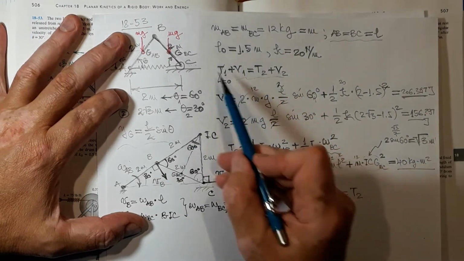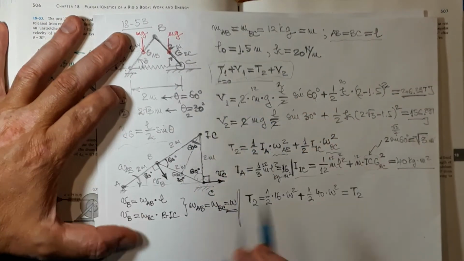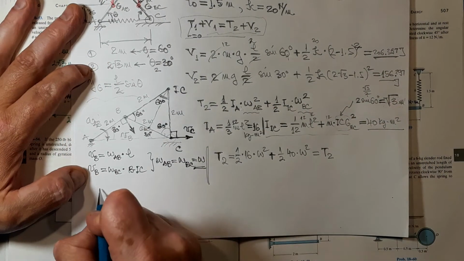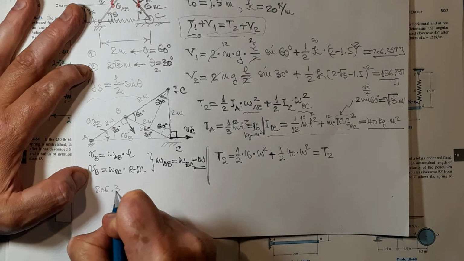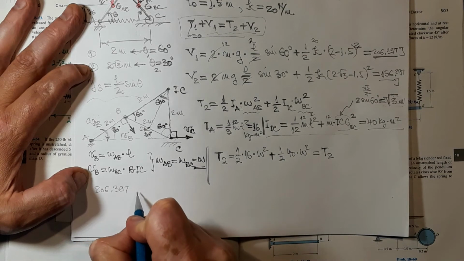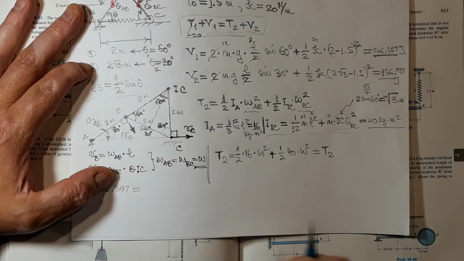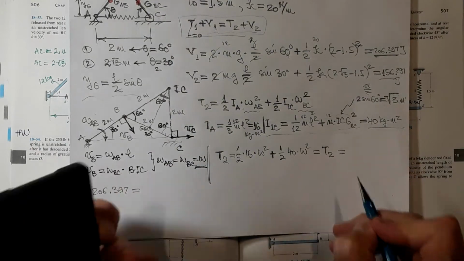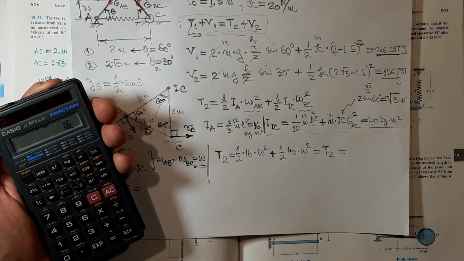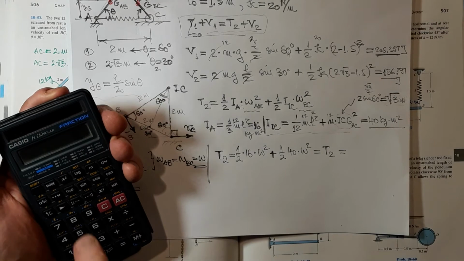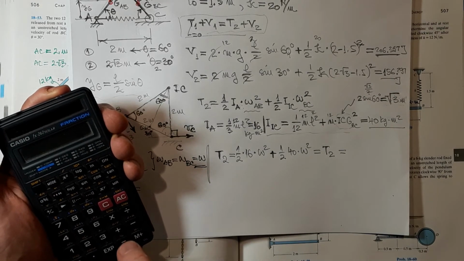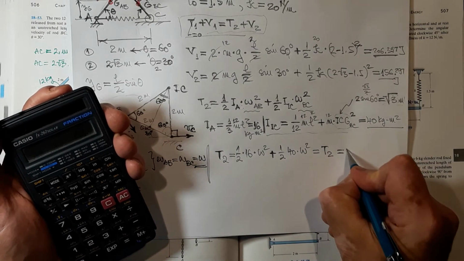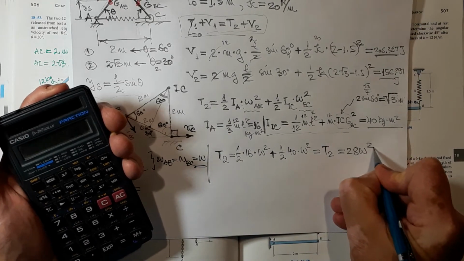So back to the original energy conservation equation. We're saying V1, that is 206.397, equals, I can factor here omega, so it'll be 16 over 2, that's 8, plus 20 equals, so it's 28 omega squared.